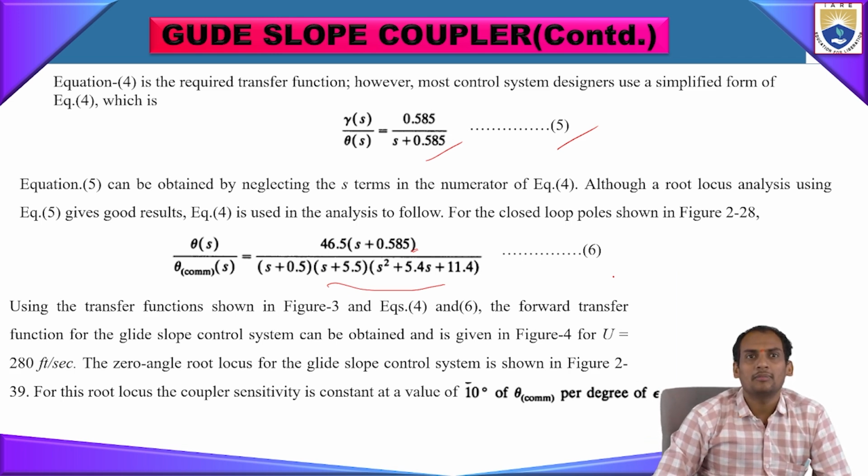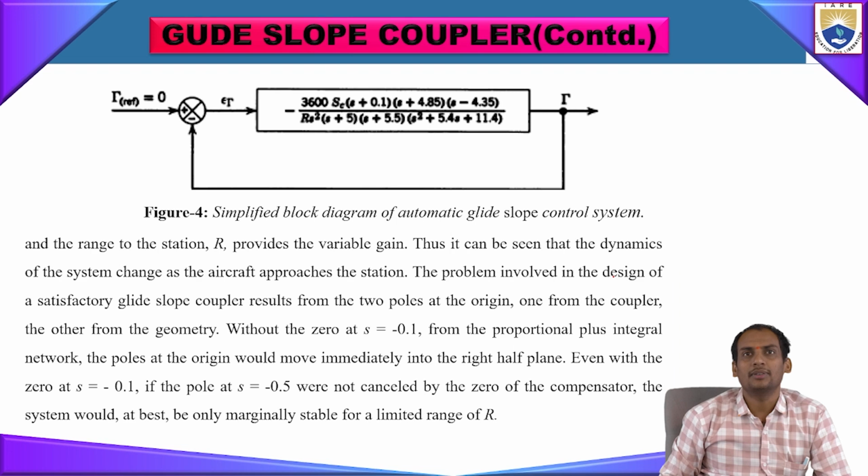There the maximum velocity is 280 feet per second. So the zero angle root locus for the glide slope system for the previous figure has been given in the following slide. For this, the sensitivity constant is 10 degrees of theta com per degree of epsilon t.